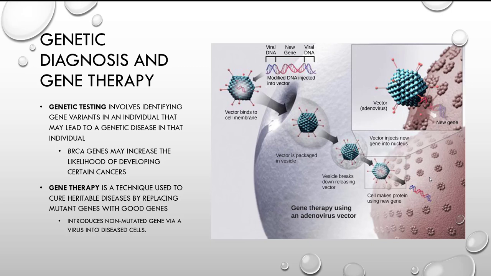So the virus, the vector, is introducing the non-mutated gene into the diseased cells, and so we're delivering the gene that actually produces the correct protein into the genome. Okay, and so this is going to correct the mistake.